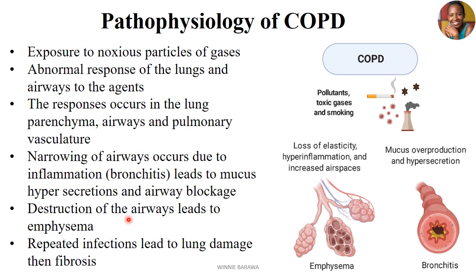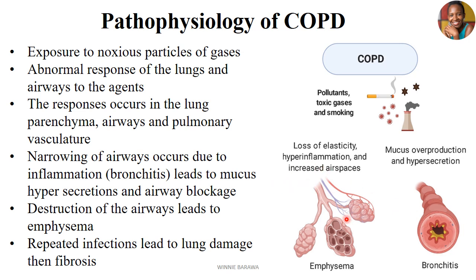So the pathophysiology, basically, is the presence of pollutants or irritants in the form of gases or other causative agents that can stimulate inflammation. With the stimulation of this inflammation, we have overproduction or hypersecretion of mucus. We end up with bronchospasms, and the airway can end up getting blocked or narrowed.